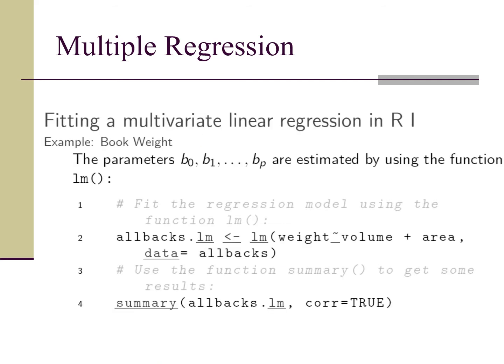So again, we're going to use the linear model function, and we're going to create a new regression model called allbacks.lm and assign to it the result of the lm function. We're going to give it a formula, and that formula is going to be that the weight is proportional to the volume of the book and its area.